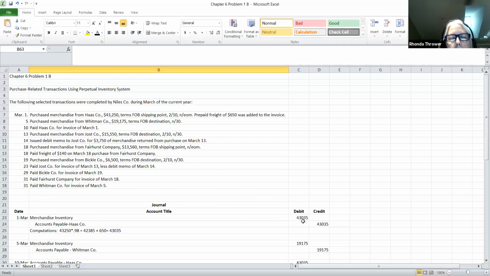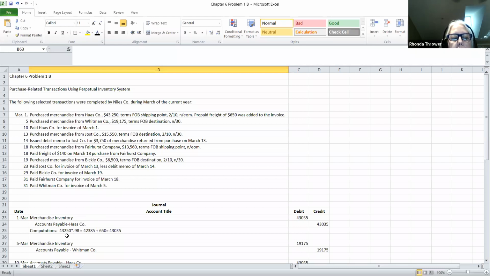What this amount reflects is the gross amount of the purchase, which was $43,250, times the net amount of the discount. So if the discount is 2%, then we're really paying 98% of the purchase price there. All I did is subtract 2% from 100%, and that gives me 98%.